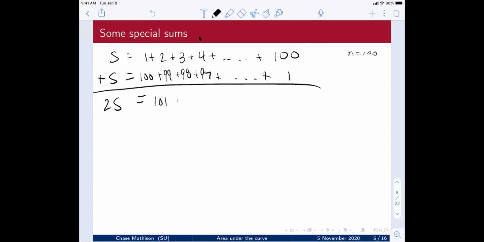Plus 2 plus 99, what is that? That's 101. Plus 3 plus 98, what is that? 101. Do you see that every single term now is going to be 101?